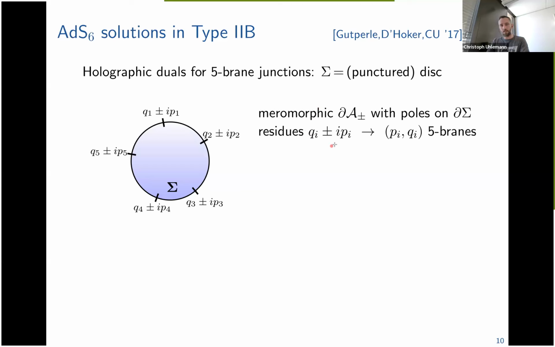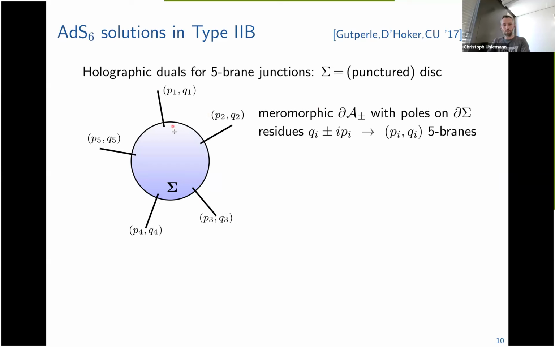And the residues at these poles precisely correspond to the (p,q) 5-brane charges of the branes making up the associated 5-brane intersection. So we have a complicated geometry on this disk, but really the schematic picture is we have our junction, blowing up the intersection point gives you this supergravity solution describing the near horizon limit.